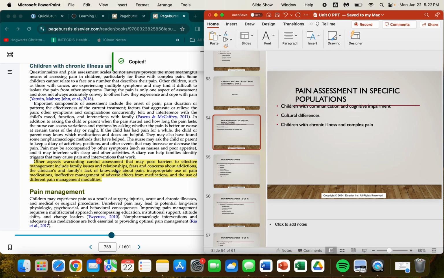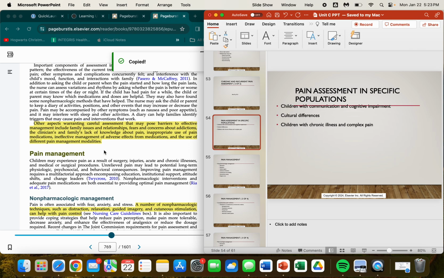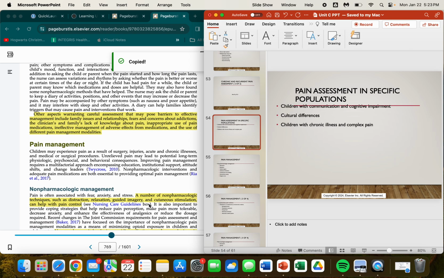Knowing that chronic illness and complex pain may interfere with their relationships, their ability to attend school, and their management of that pain, those are all things we need to take into account. And as the nurse, we need to make sure we're advocating for our patient and ensuring that they have the best tools available, and that we're assessing their pain appropriately.